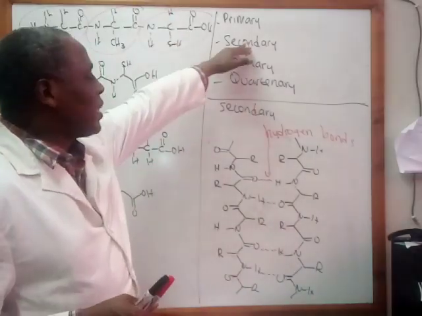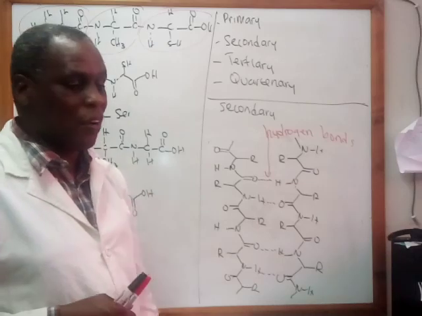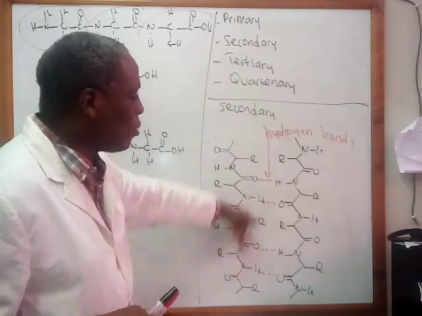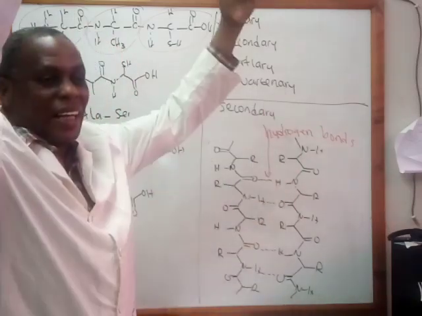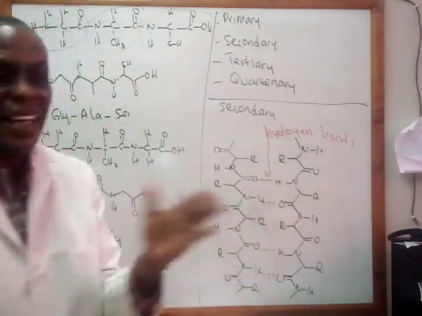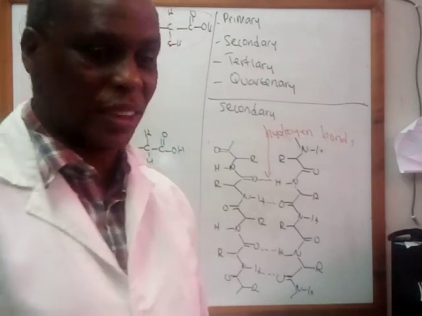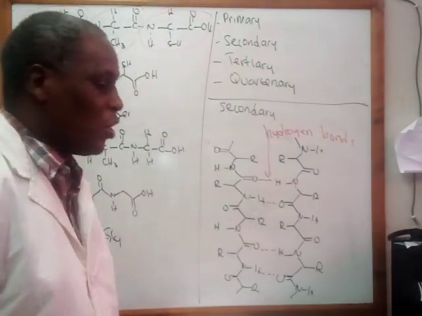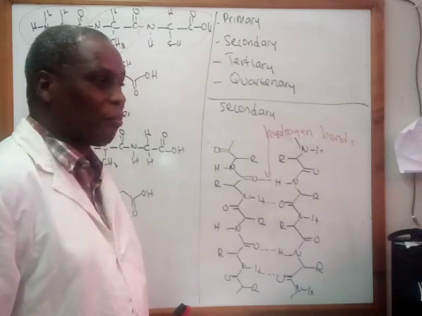That is the secondary structure of protein, in which the peptide bond and another peptide bond chain are held together by intermolecular forces. That will lead to the secondary structure of the protein.